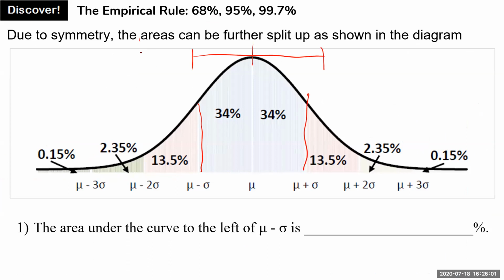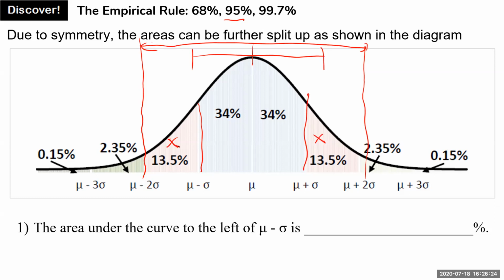Now, the second standard deviation, okay, that is 95. Now between this and that, we have 95. So now don't forget that we are dealing with symmetrical data, right? So if this is 68, and because this is symmetrical, what is here is the same as what is there.